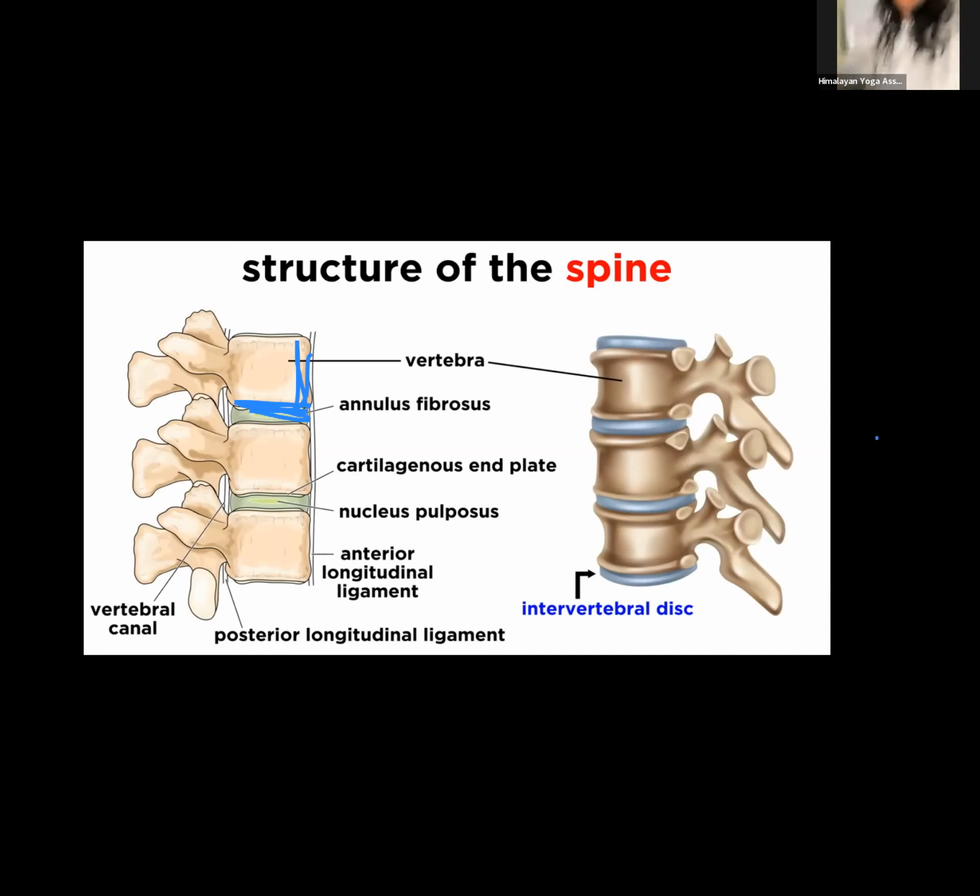Okay, let me show you a good diagram, let me search on the internet. I have not saved it. I'll just share it with you.